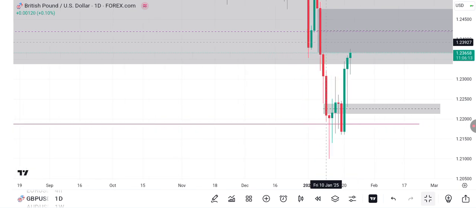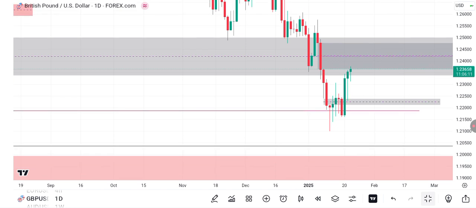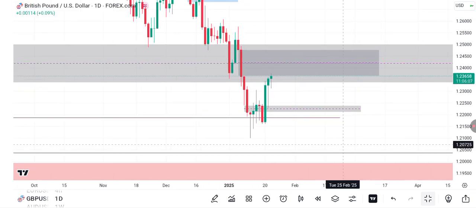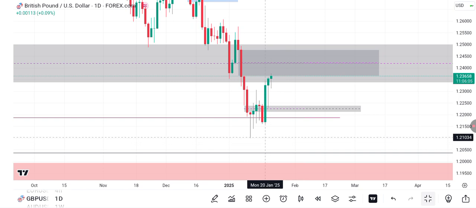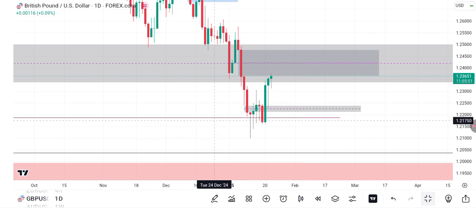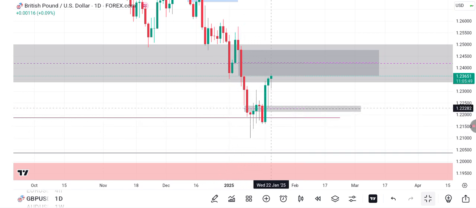Now you might wonder, how do I know where to take my profit? If you are taking a trade from probably an old low like this, look for an opposing fair value gap to take your profit off from there. I love using fair value gaps to take my profits after I take a trade around old lows.